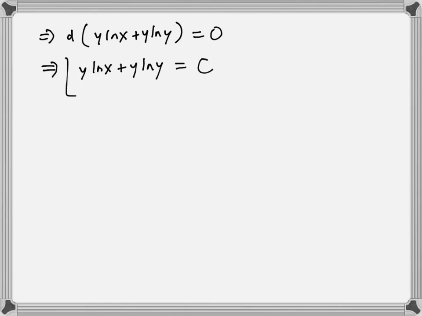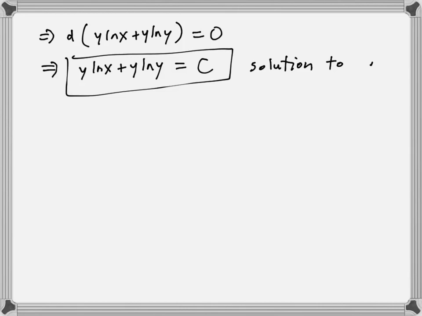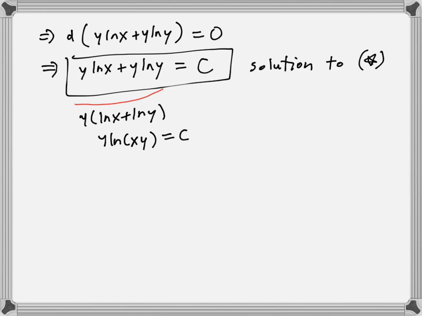This is the solution to the differential equation. So you can see that all the work boils down to being able to find this potential function. By the way, there is another way to write this answer down. This entire function, if you factor out a y, becomes ln x plus ln y, which is just ln of xy. So if you want to write the answer like this, you can. It's the same thing. It does look a little cleaner that way.